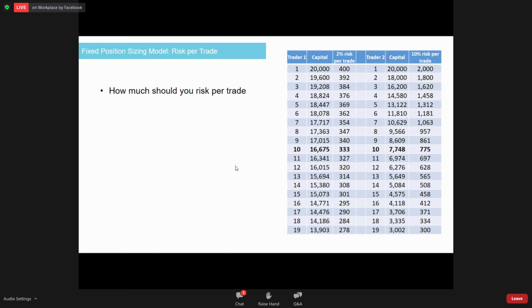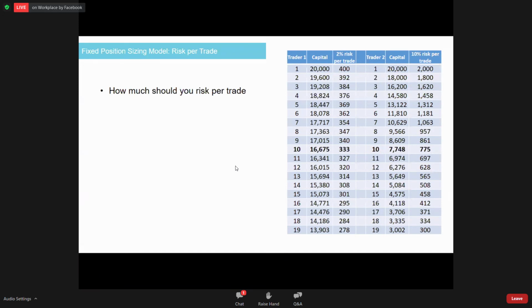So 2% of 20,000 is 400, so you lose 400 in the first trade. Then the second one will be 2% of 19,600, which is 392 ringgit, etc. After 19 trades, trader 1 will have a drawdown of close to 30%. It's at 13,000. To be precise, 25% of drawdown.